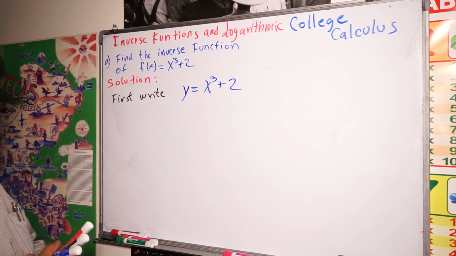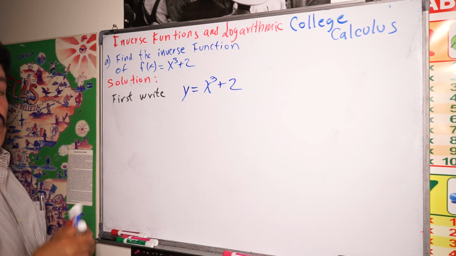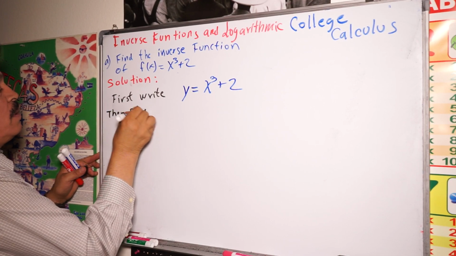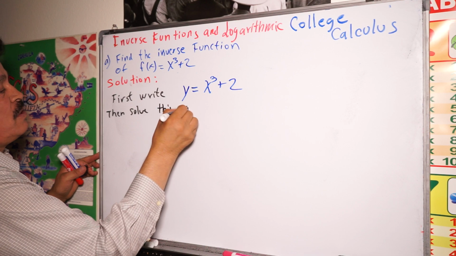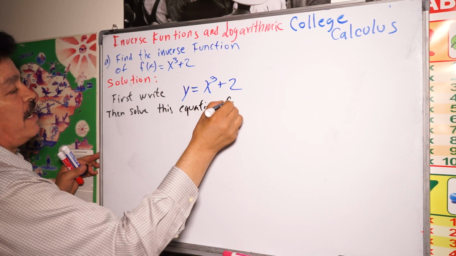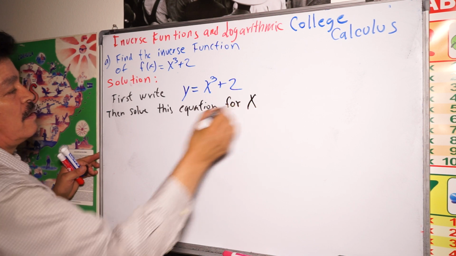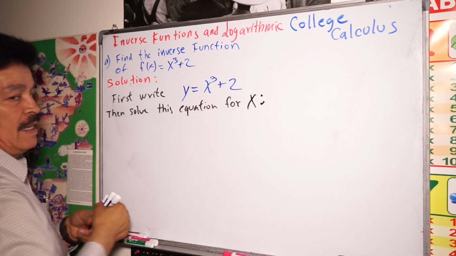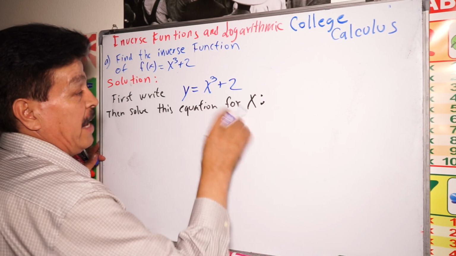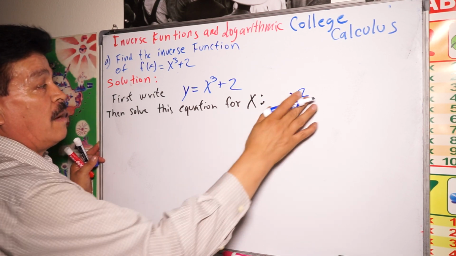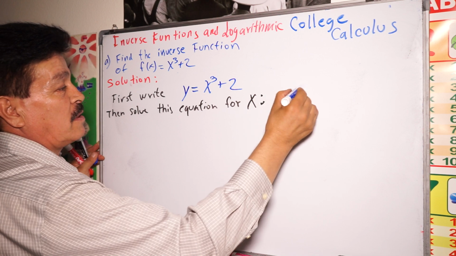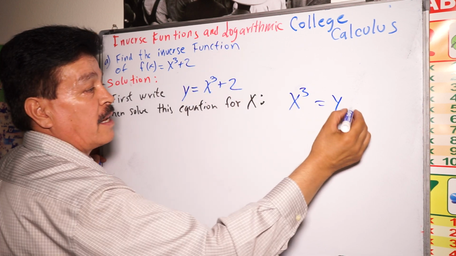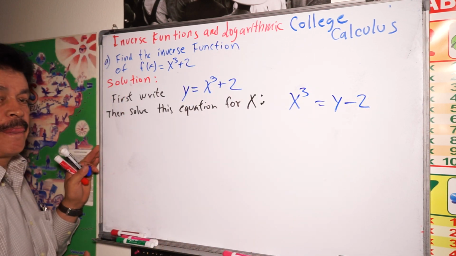Okay, next step, solve this equation for x. How do we solve it? You have x to the third power, not the second power, third power, equals y, and you move the 2 to the other side, negative 2, right?